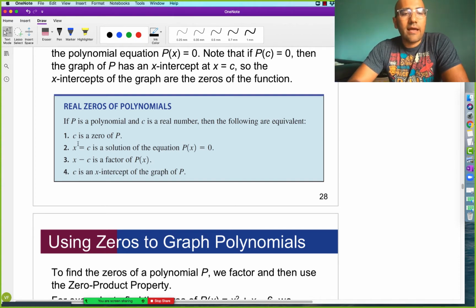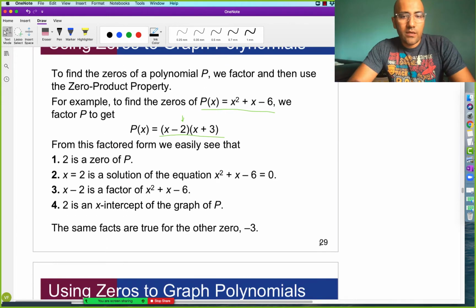It means that when the input is replaced with a c, when we evaluate the polynomial at c, the output is 0. And also that x minus c is a factor of p of x. We'll see why this is in more detail in a little bit. But all four of these things are true.